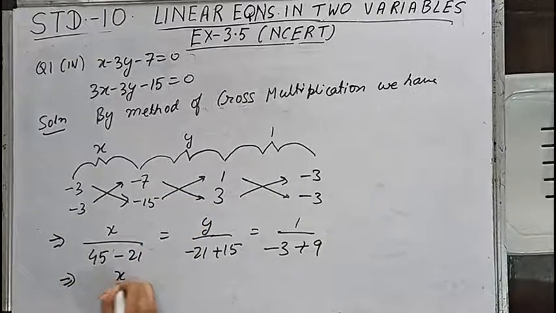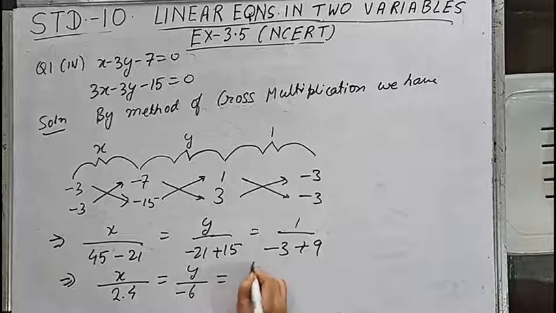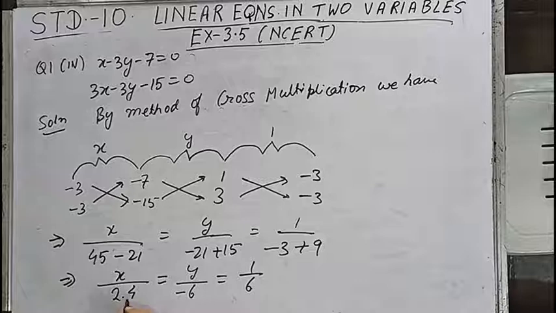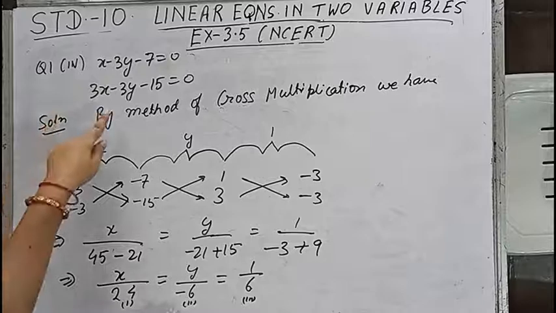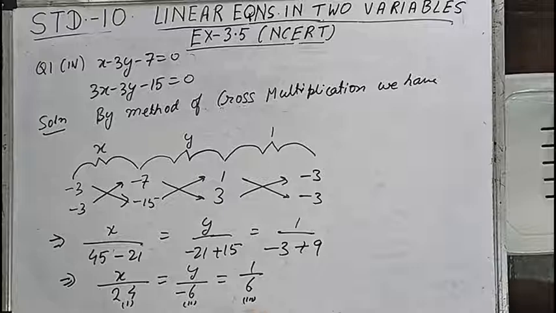This implies x divided by 24 equals to y divided by 6 minus 6 equals to 1 divided by 6. Now make it equation number 1, 2 and 3 in Roman. These two equations we used to make in Hindu-Arabic form, and this one try to make in the Roman numeral form.